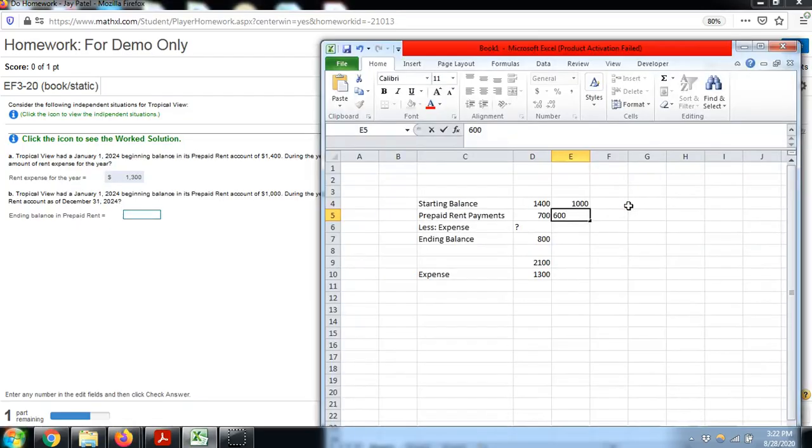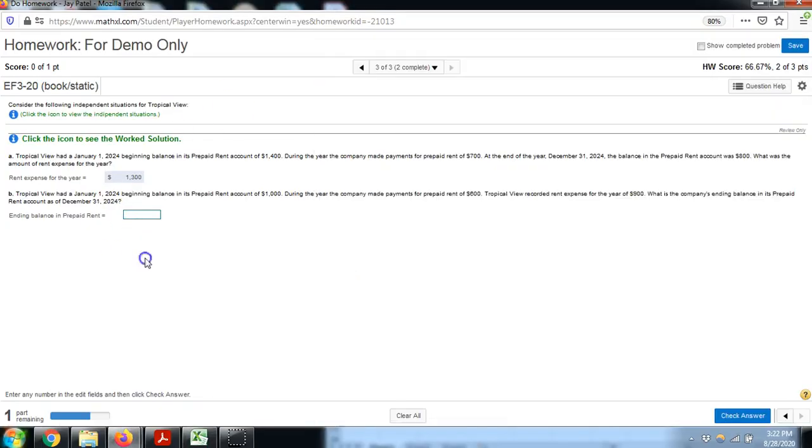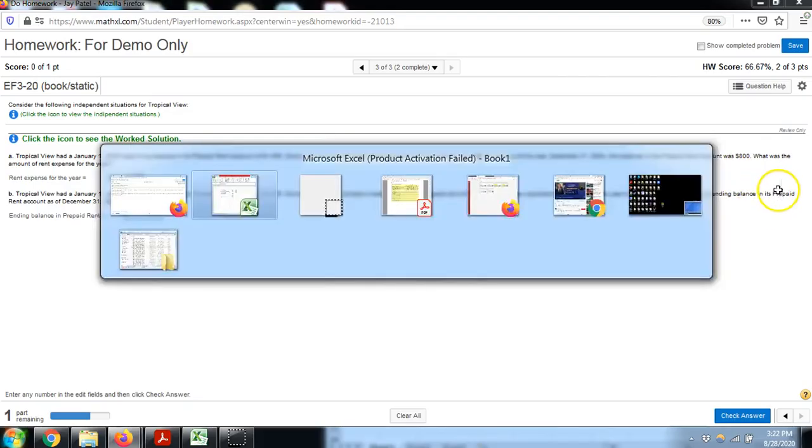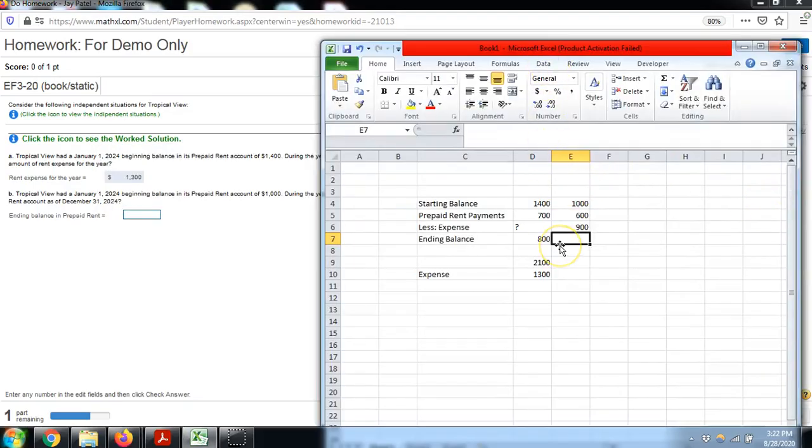So it's telling us now this question mark. So what is the company's ending balance for its prepaid rent? So in this case, we're solving for this. So how do we do that? Basically, we take our starting balance, we add what we paid in addition, and then we subtract out our expense for the year. And so that's $700.